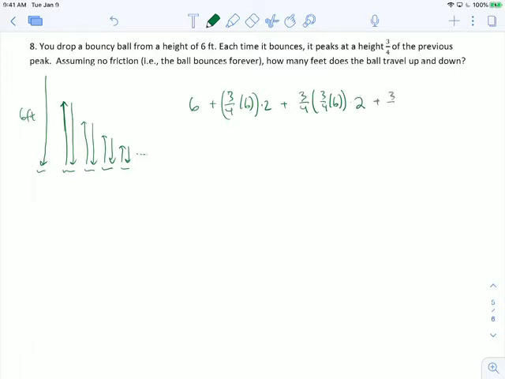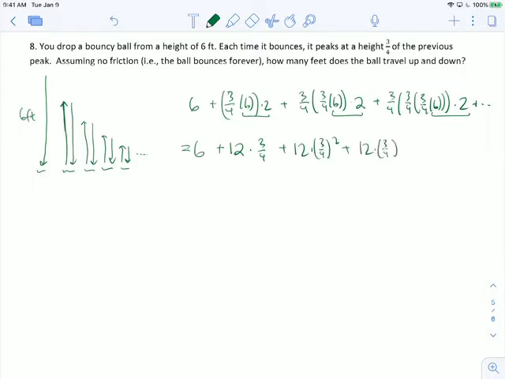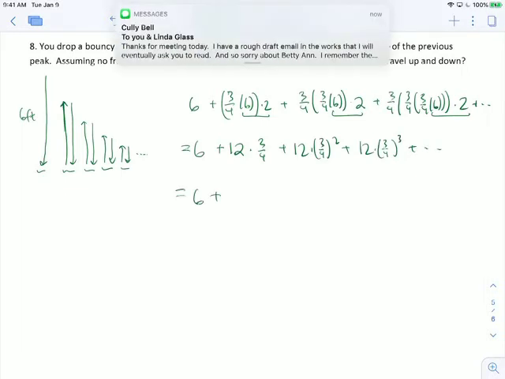And then I'm going to do 3/4 of 3/4 of 3/4 of 6 twice, and so on. So let's see what I can do here. So I've got 2 times 6, which appears in all of these. So I'm going to have 12 times 3/4 plus 12 times 3/4 squared plus 12 times 3/4 cubed, and so on.